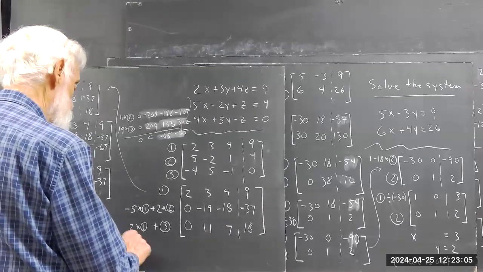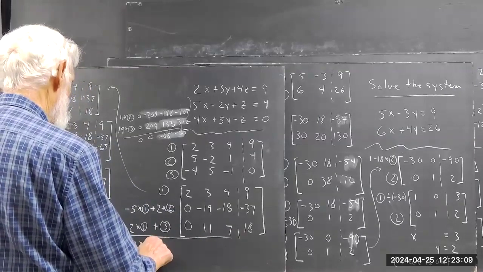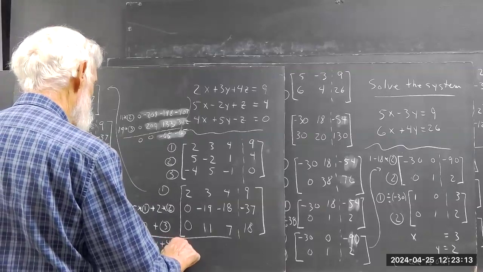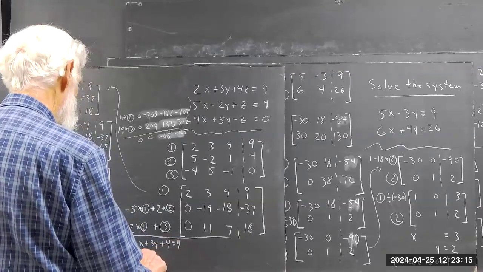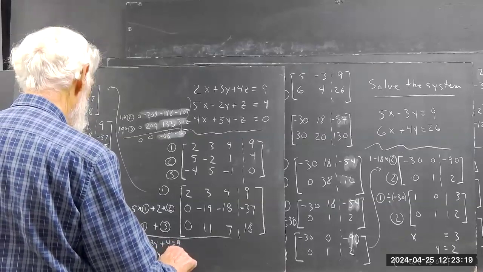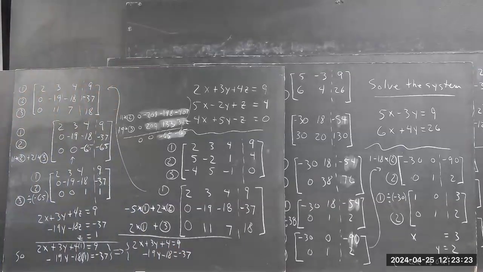That tells us 2x plus 3y plus 4 equals 9, and -19y minus 18 equals -37. So all I did was plug z equals 1 into both of these equations. And then I did some very simple arithmetic.